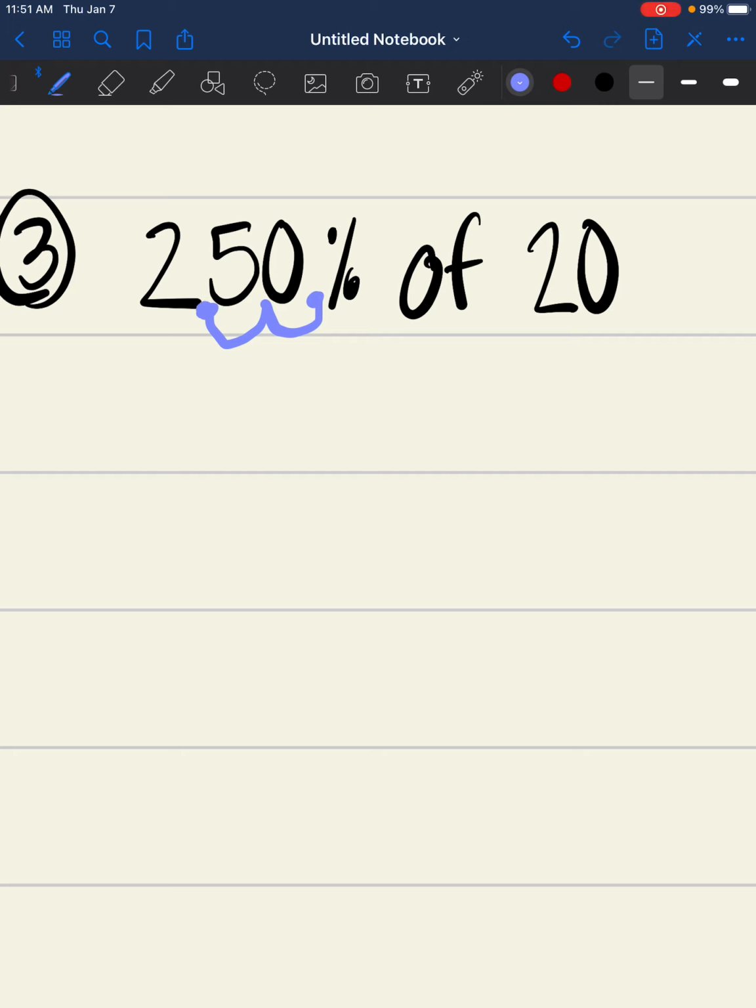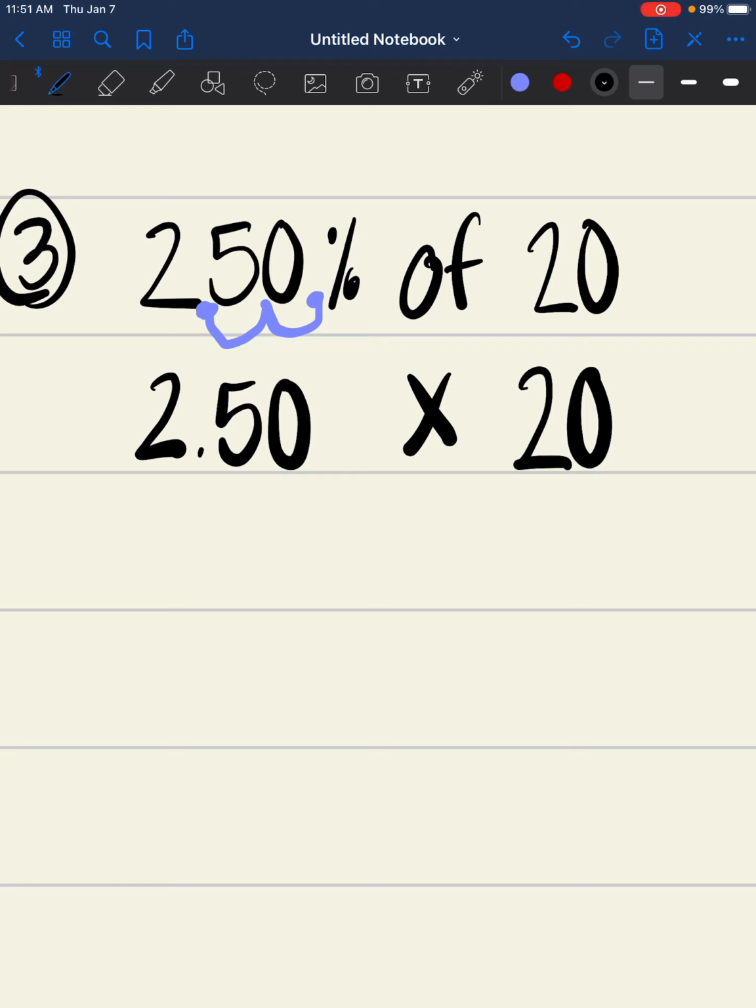So 250% as a decimal looks like 2.5 or 2.50. 2.5 and 2.50 are the same number. And then remember, of means to multiply, and we're going to multiply that by 20. So when we say 2.50 or 2.5 times 20, we get 50 as our answer.